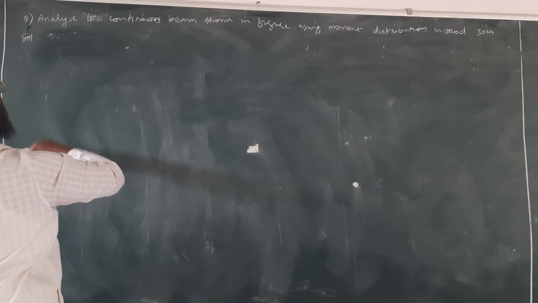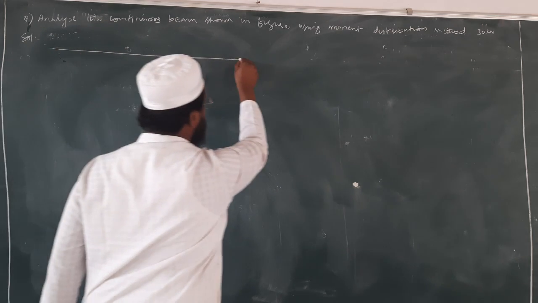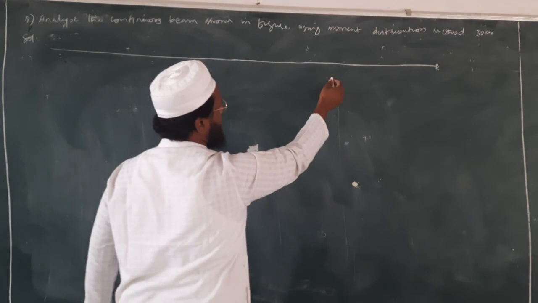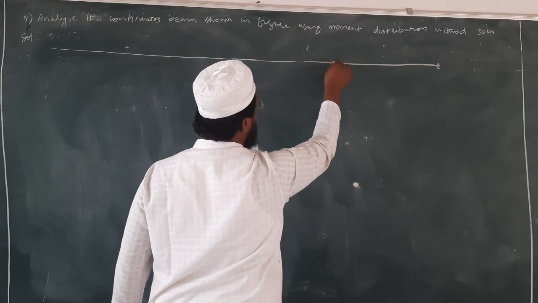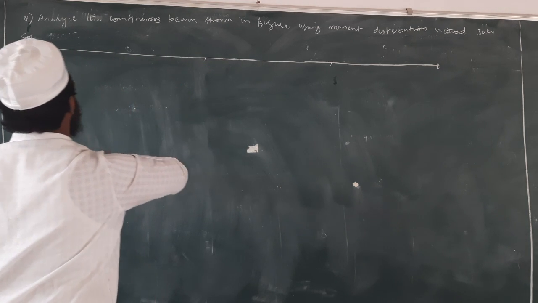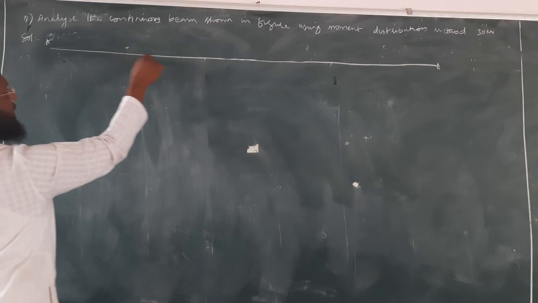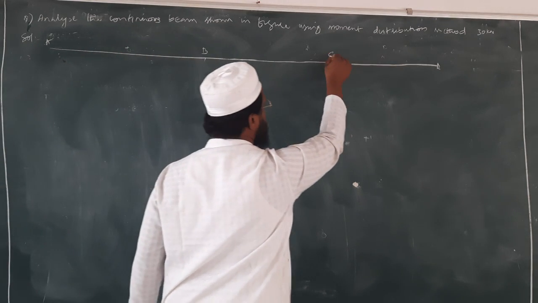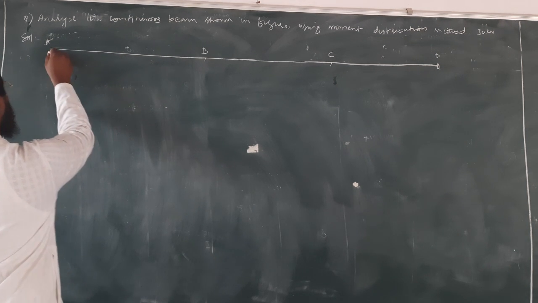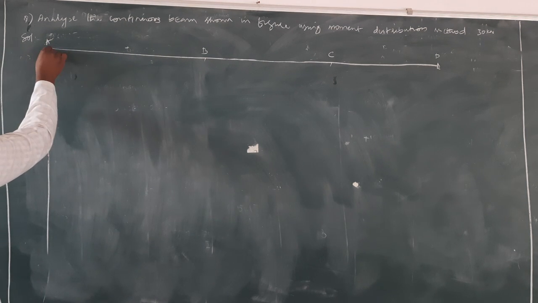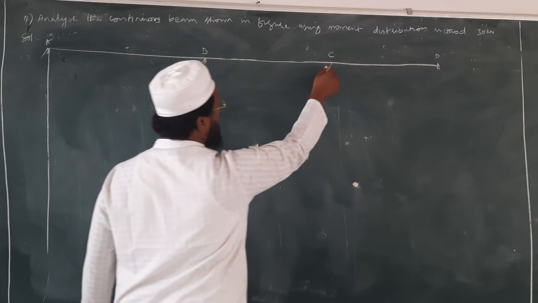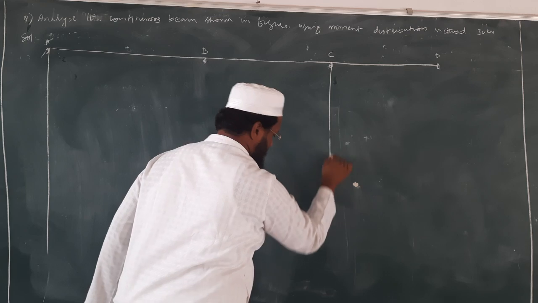So distribution table will be in this form, isn't it? We have a simply support here, then we have a fixed point over there, then one more point over here and one more point over here. So this is A, B, C and D, isn't it? Here we have simply support, here also simply support, and here also simply support.